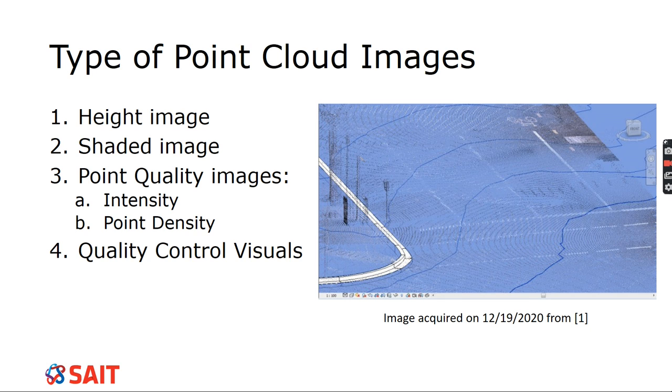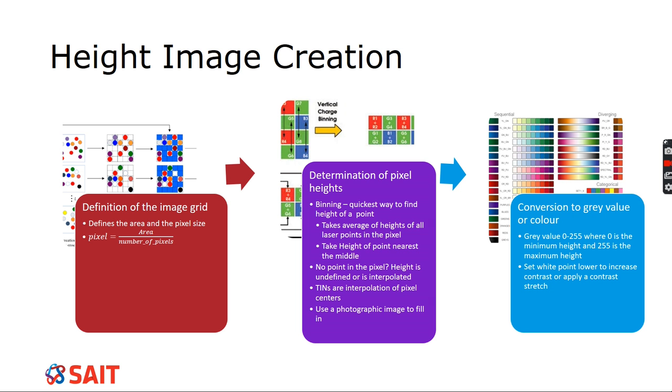There are different kinds of point cloud images that we can come up with. We can have a height image, a shaded image, point quality images, looking at intensity and point density, and we can also do quality control visuals. I'm going to talk about all of these throughout this lecture today. This is just introducing the start of it.